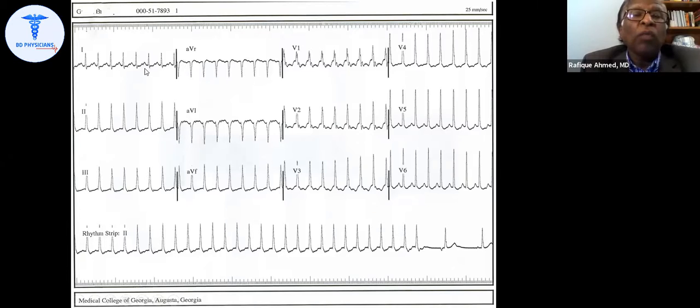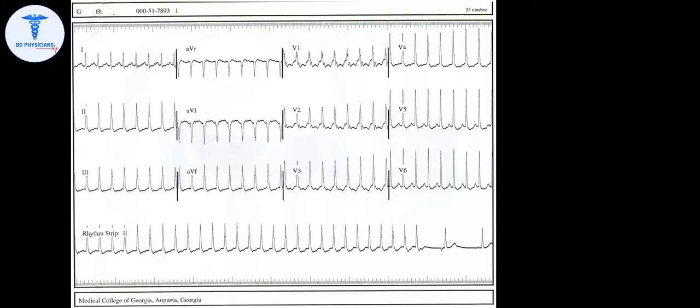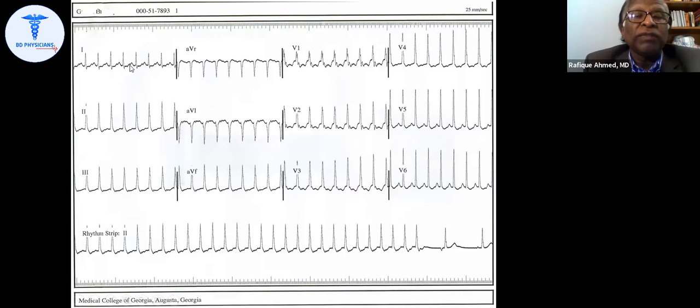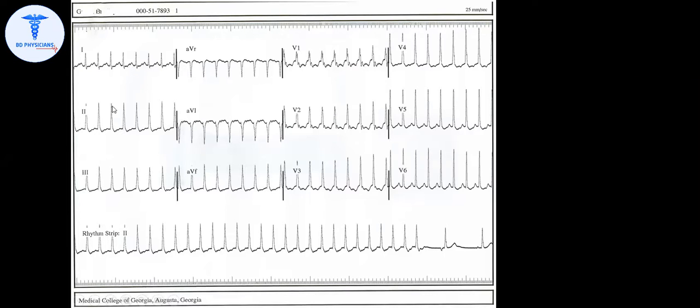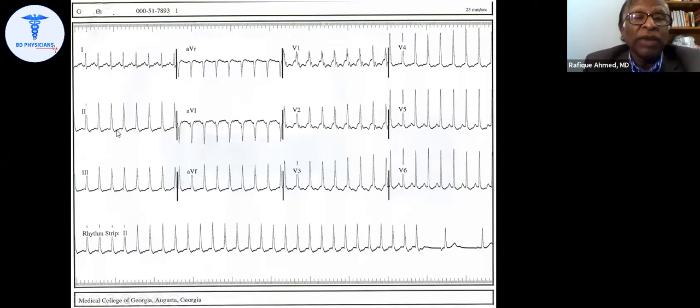Yes, but where is the P wave? How far out? Just after the QRS complex. Immediately after QRS, so you think this is the P wave, or this is the P wave? Can you see my pointer? Yes, sir. So this may be the P wave, right?